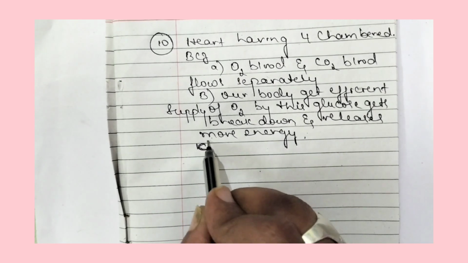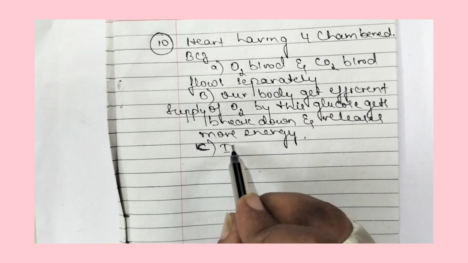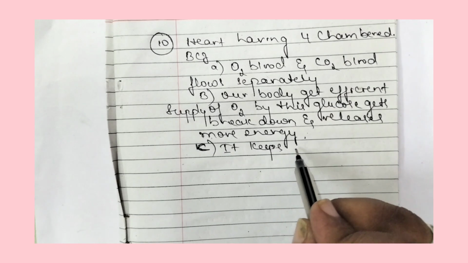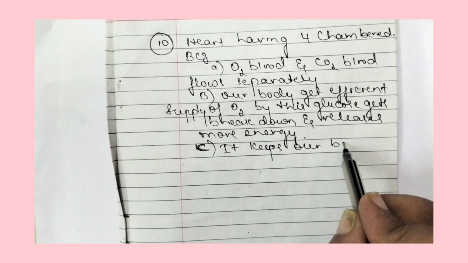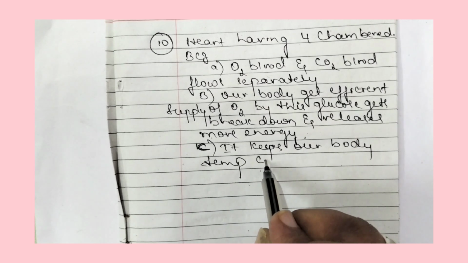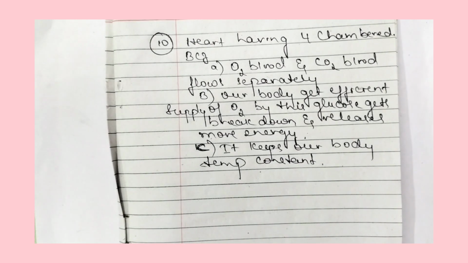Since the oxygenated and deoxygenated blood flow separately, it keeps our body temperature constant. So this is about question number 10.